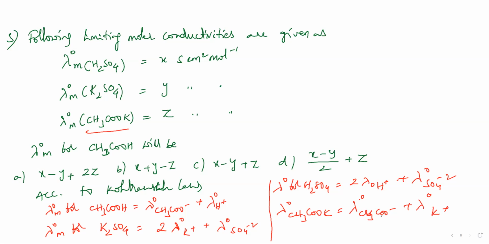Then how will you get CH3COOH? How can we get it? Add the first equation, which one, H2SO4, and multiply the third with 2.